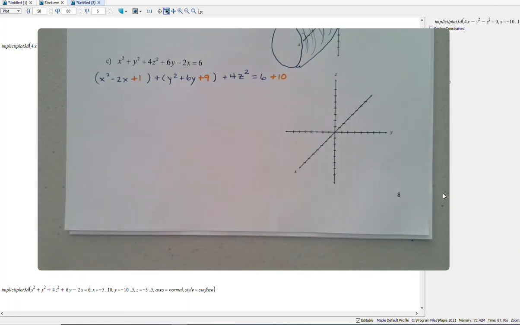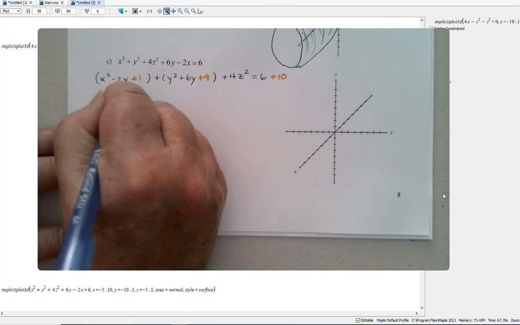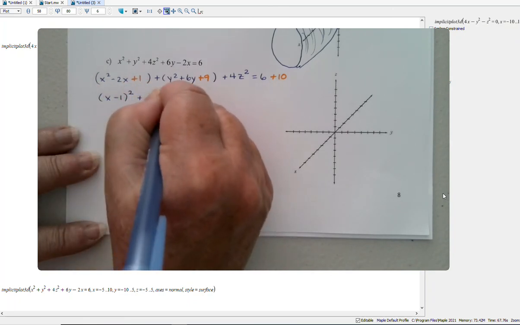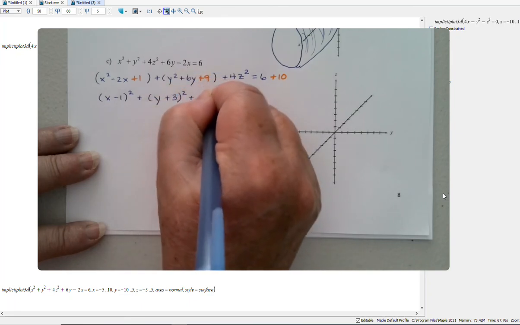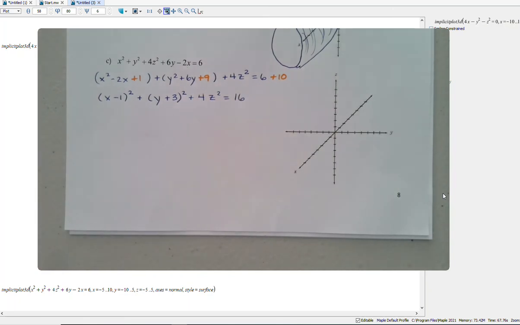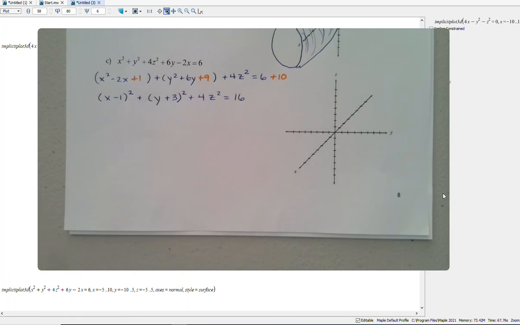Keep it even by adding to the other side as well. And I have x minus 1 squared plus y plus 3 squared plus 4z squared equals 16. Now these are shifts, so we'll talk about those in a minute, but let's identify the basic type of graph we're looking at first.